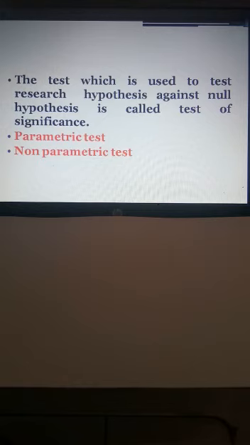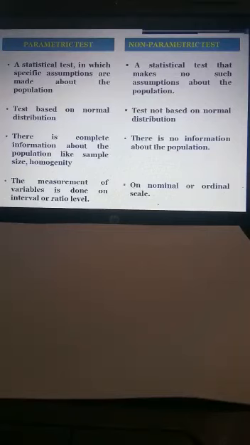Before starting the difference you should know the meaning of parameter. Parameters are some kind of limits that you put on your test. Now, what is the difference between the parametric and non-parametric test? Parametric tests are those tests in which specific assumptions are made about the population.